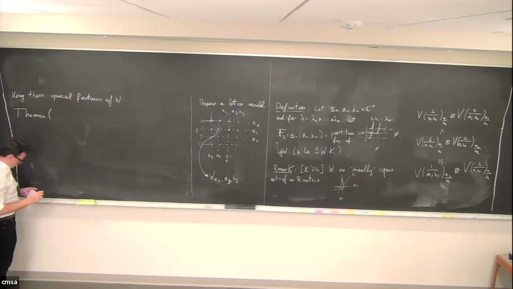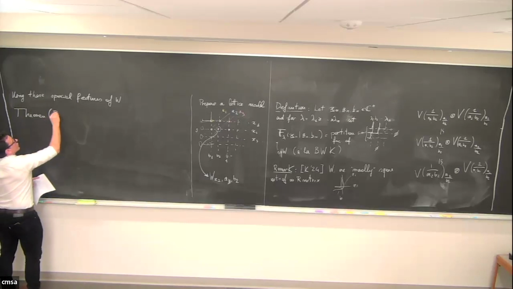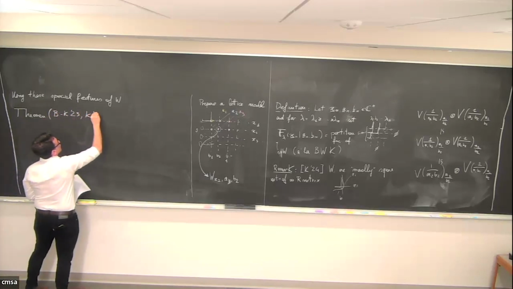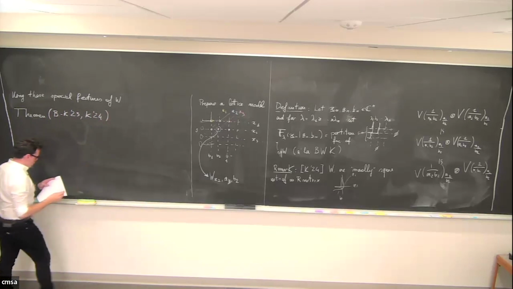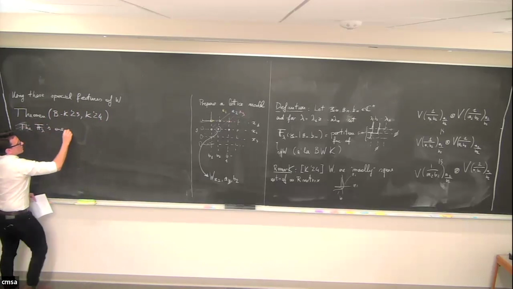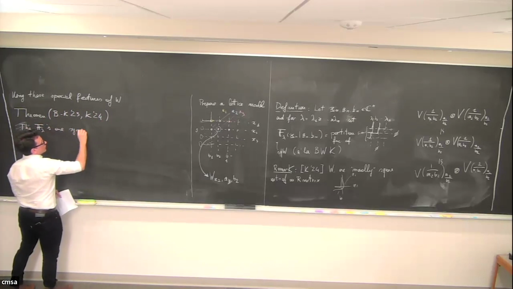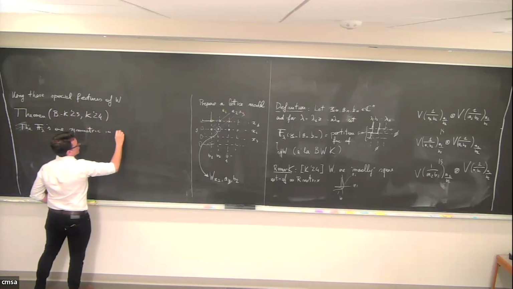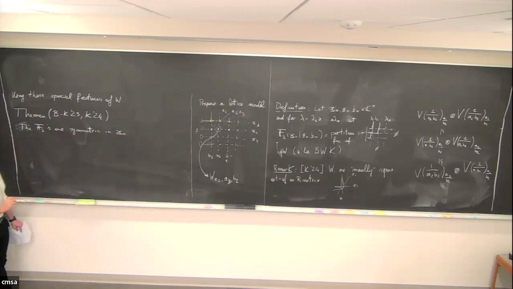Theorem, Borodin, Grothendieck, and Grothendieck, 24: the Fs are symmetric in the set of variables xn.